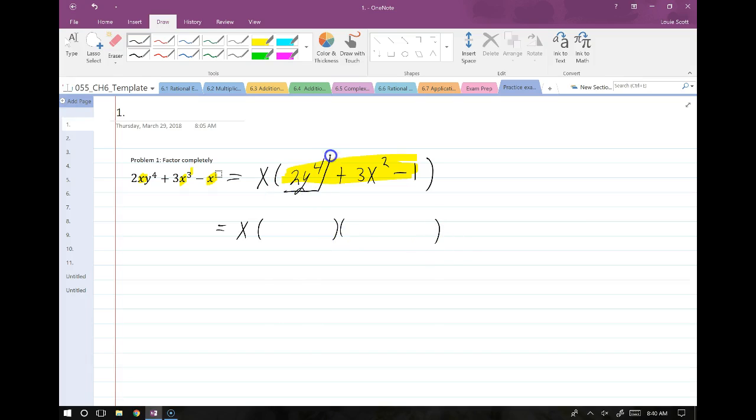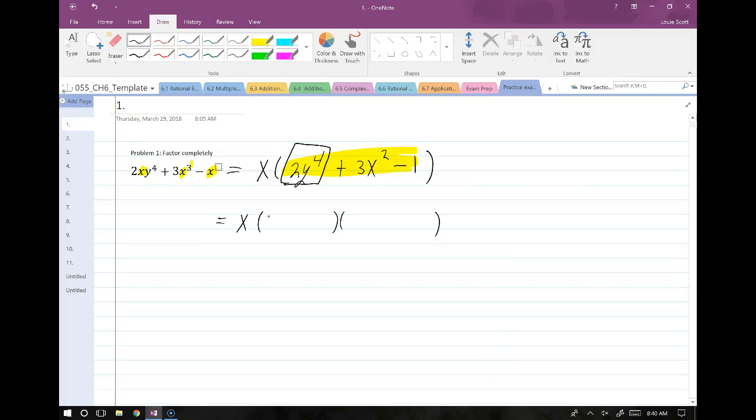My initial term is 2 times y to the fourth, and so this would split up as 2y squared and then a single y squared. Now we have to think about what we would fill in here. If we filled it in with plain numbers, let's say plus 1 minus 1, there's no way to get the x term out of that.